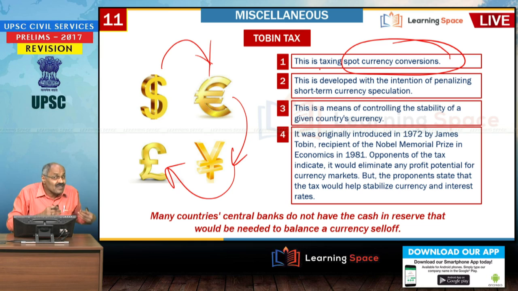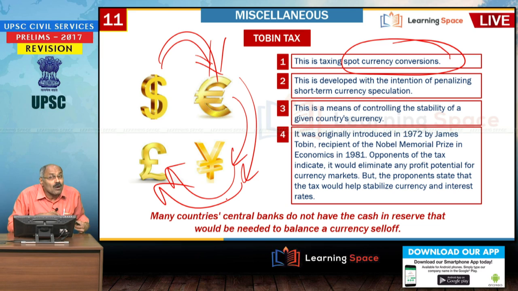If persons convert currency from one currency to another to take short-term gains because of arbitrage, then to look into those aspects, this Tobin tax is taxing spot currency conversions.